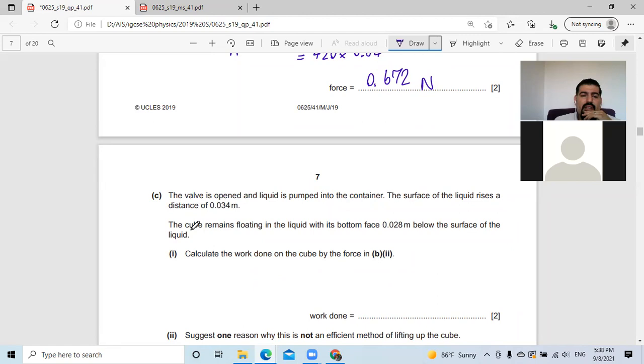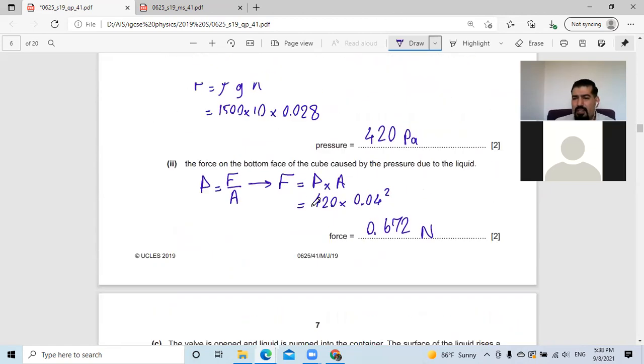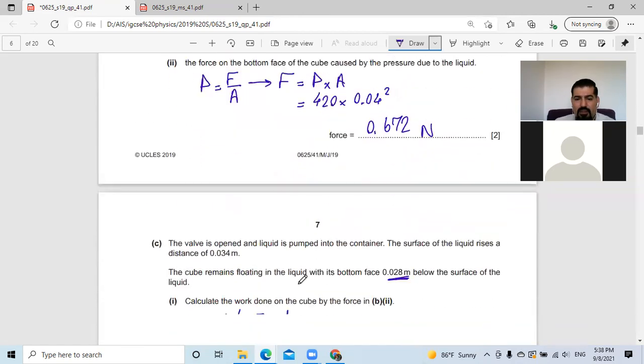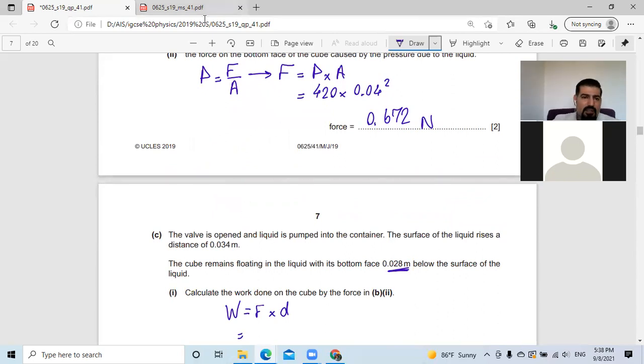The cube remains floating in the liquid with its bottom the same depth below the surface as it was. Calculate the work done on the cube by the force. Now we know that work equals force multiplied by distance. Now what is the force? The force is from the lower surface of the water that acts upwards on it.